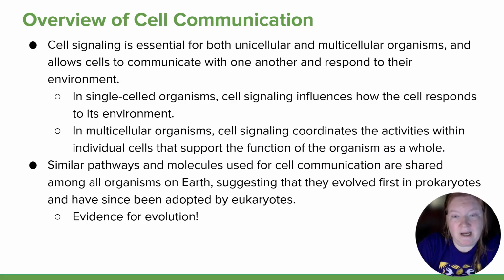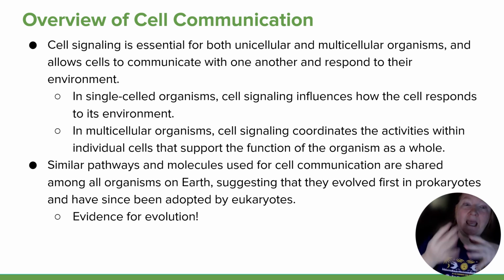So an overview of cell communication. Cell signaling is essential for both unicellular and multicellular organisms, and it allows cells to communicate with one another and respond to their environment. In single-celled organisms, cell signaling influences how the cell responds to its environment. In multicellular organisms, cell signaling coordinates the activities within individual cells that support the function of the whole organism.